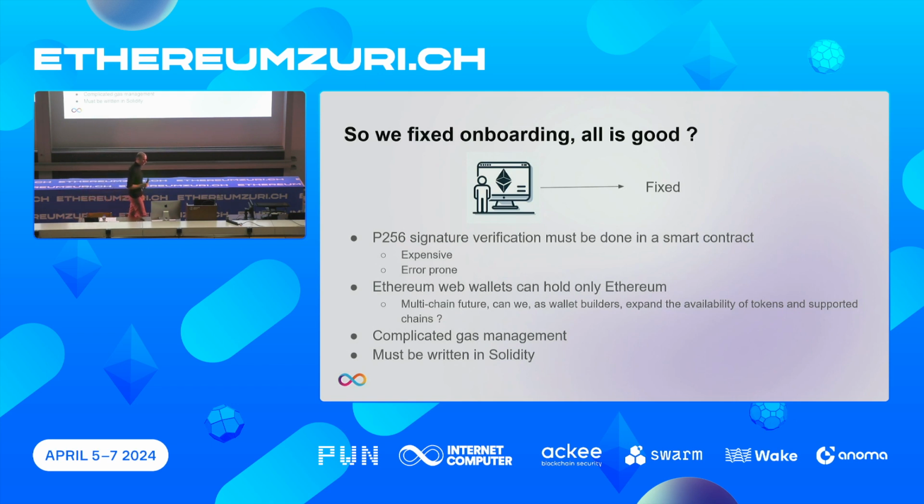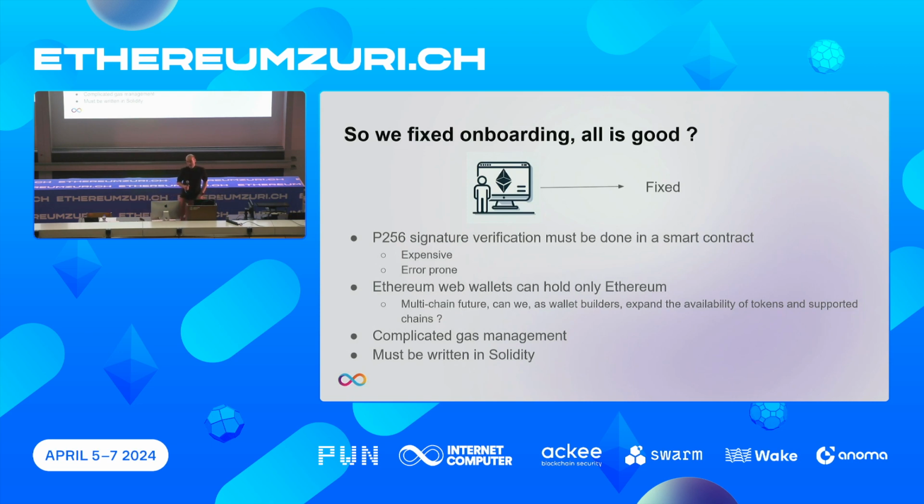I think with layer 2s, the situation is different, and we're starting to see a lot of gas subsidies on layer 2. So in the end, I think we're going to have account abstraction wallets in layer 2s, where the users don't have to pay for gas, but for now, the gas management situation is complicated.